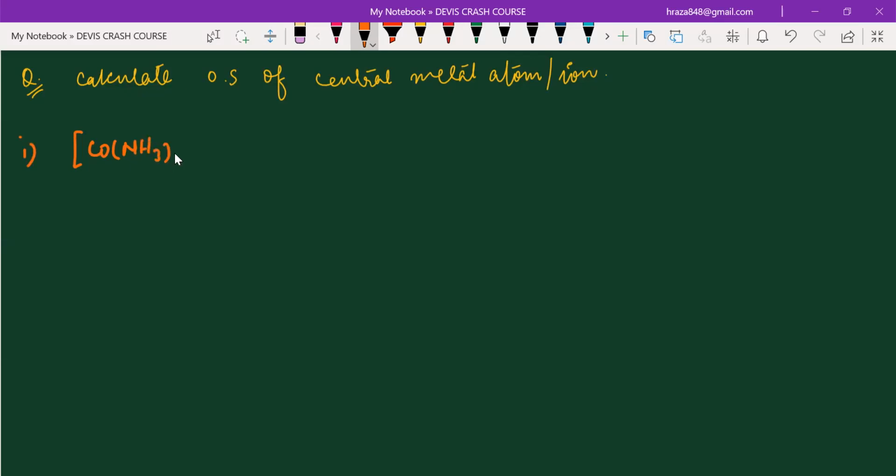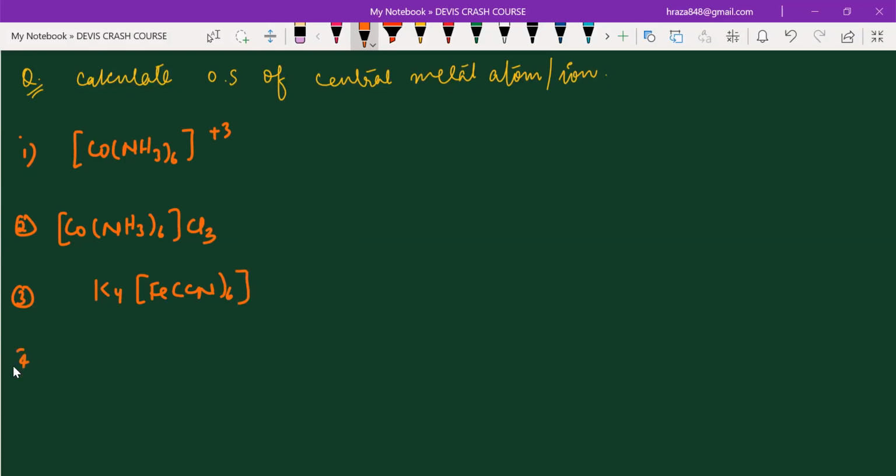First: [Co(NH3)6] raised to the power +3. Second: [Co(NH3)6]Cl3. Third is K4[Fe(CN)6]. Fourth is K2[PdCl4]. Fifth is [CoCl2(en)2] raised to the power plus.